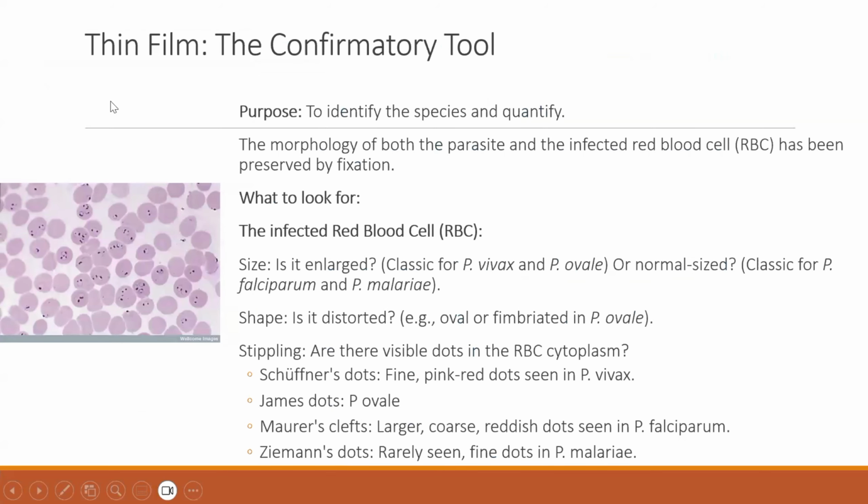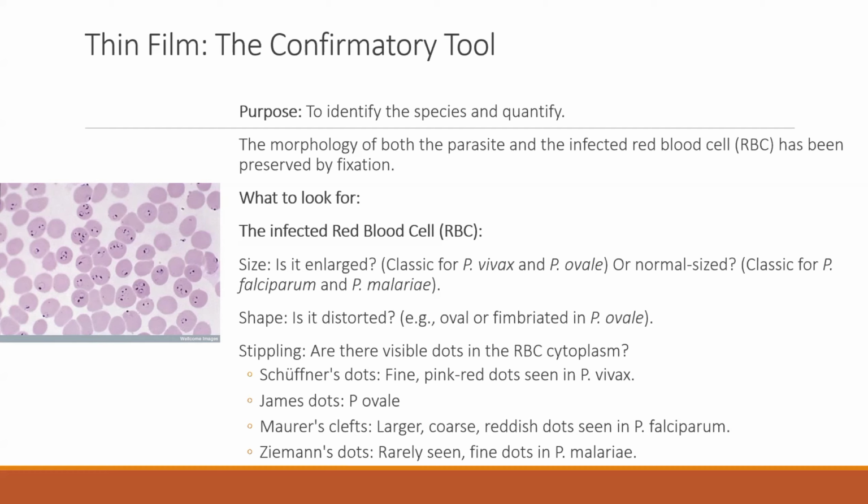So let us look at a thin film. A thin film is used to properly identify the species, and also it is used for quantification. The morphology of both the parasite and the infected RBCs are preserved well by fixation.